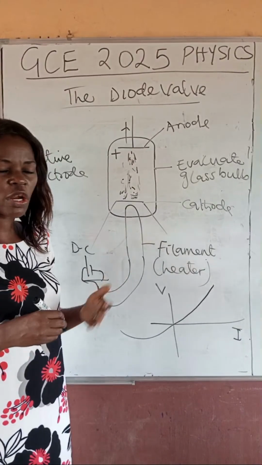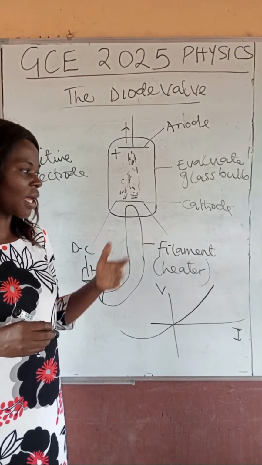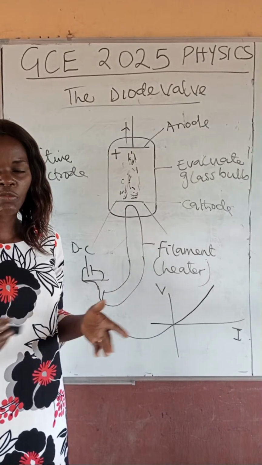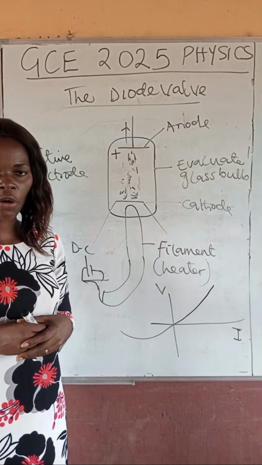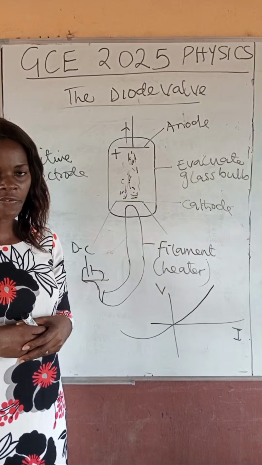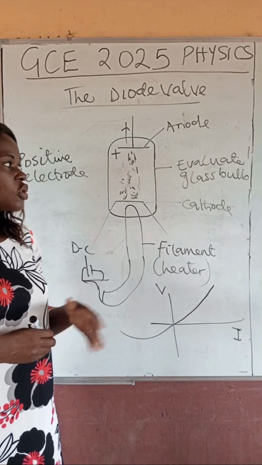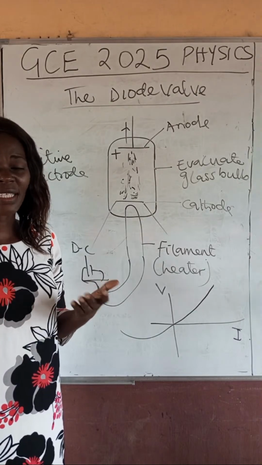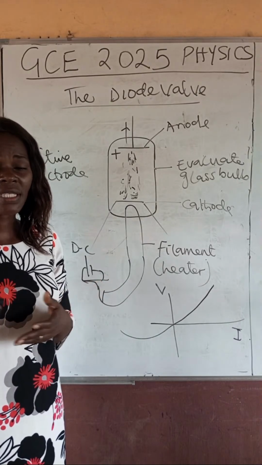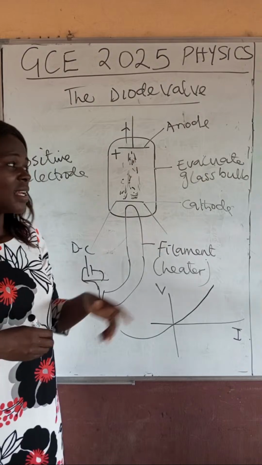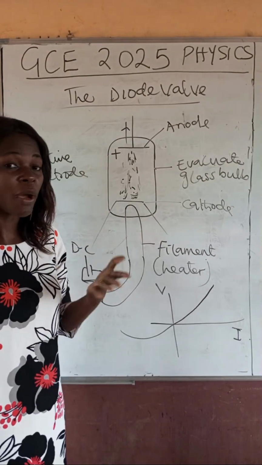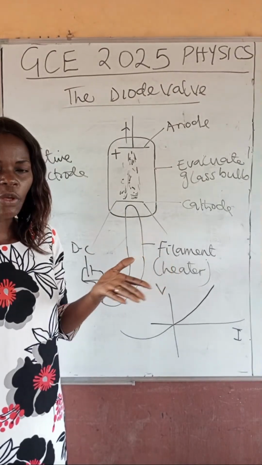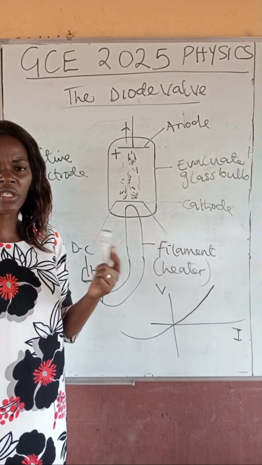Okay? And when such current is being recorded, we can now check the movement of the current and the potential difference. Is that okay? So a diode does not obey Ohm's law. It can act as a rectifier for converting AC to DC. It does not obey Ohm's law, because in Ohm's law, current flows in both directions.